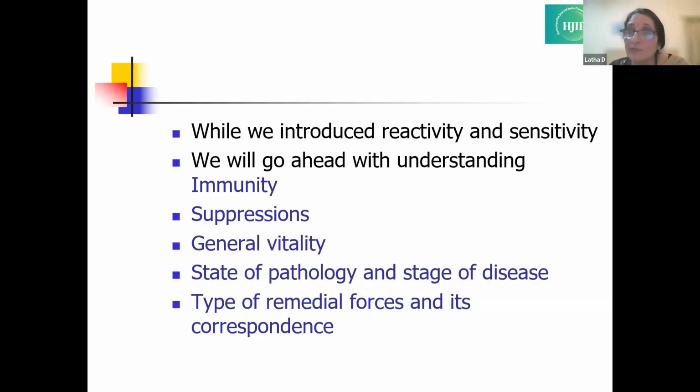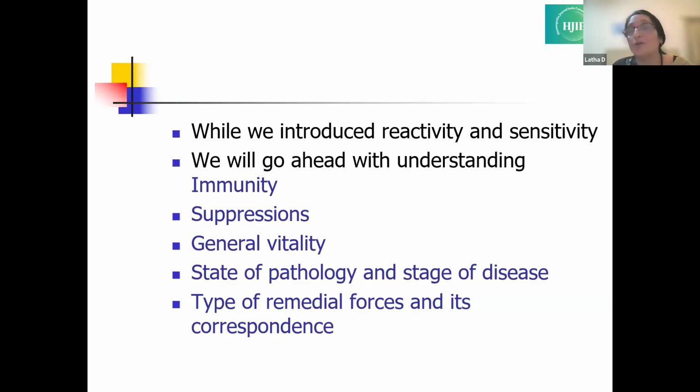And there was one case of squamous cell carcinoma that we are still maintaining with an advancing pathology. But that is not the only type of susceptibility we face. We are going to face challenges when we have altered immunity, when we have cases of suppressions, when the vitality keeps sinking, or we require to constantly evaluate our strategies when the pathology keeps advancing.